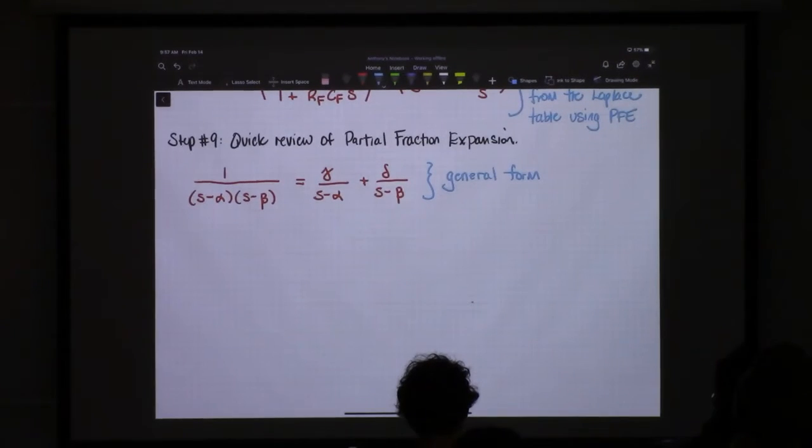Gamma is going to be equal to, so first I'm going to write out the original equation. Then I'm going to ask, what is the root or the 0 of this term? What is the 0 of s minus alpha? Alpha, right?